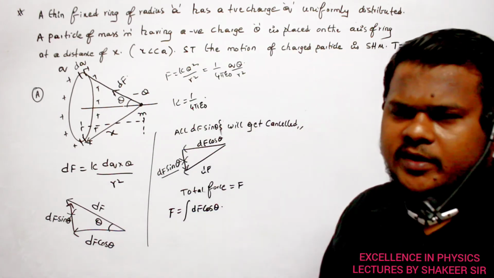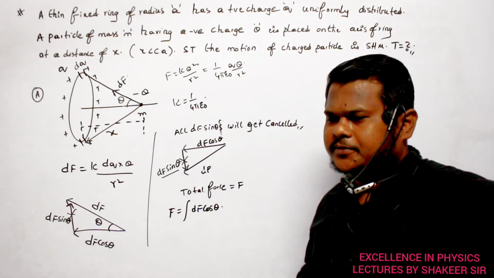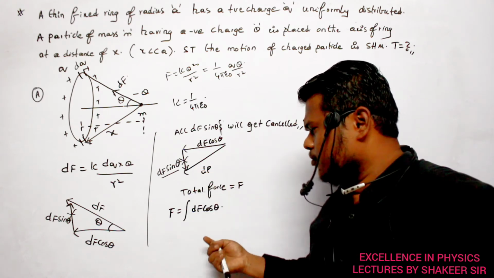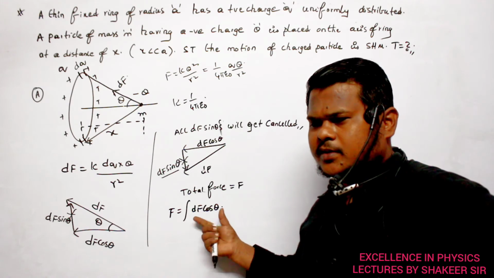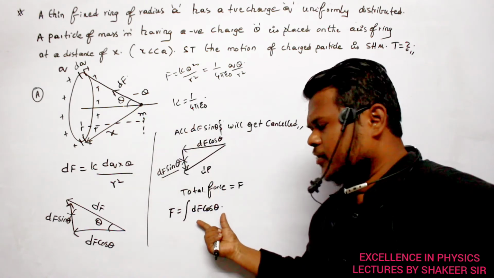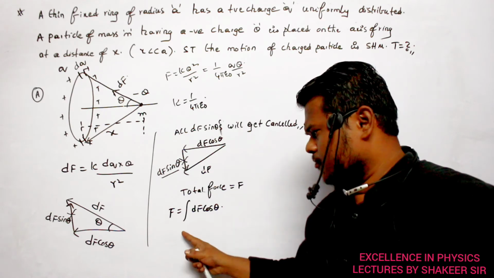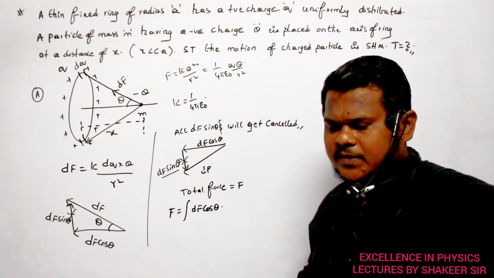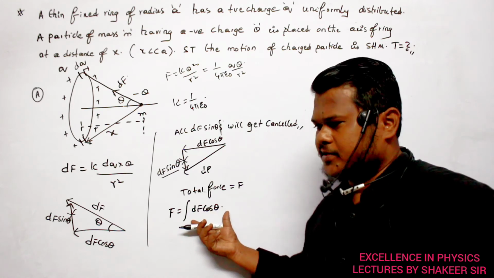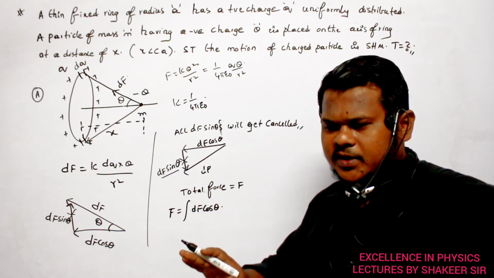Why have we taken integration of df cos theta here? Df cos theta is the net force, no? And how many df cos thetas are present? Many, because of every element there will be a force of df cos theta. And what does integration indicate here? Integration indicates the addition of all these df cos thetas. Integration is nothing but addition.